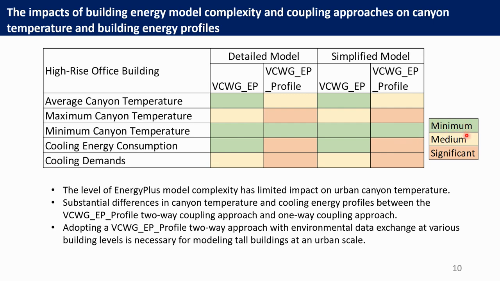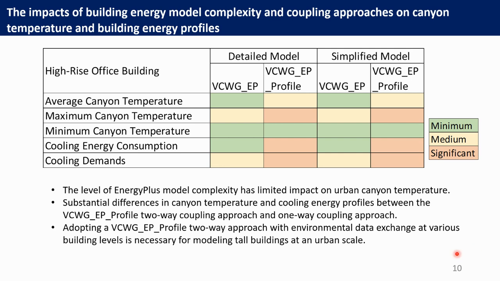The light green color here shows there's a minimum impact from the coupling approach, as well as from the complexity of the model on the prediction. The salmon color represents a significant impact. So the conclusion is that the level of EnergyPlus model complexity has limited impact on urban canyon temperature.